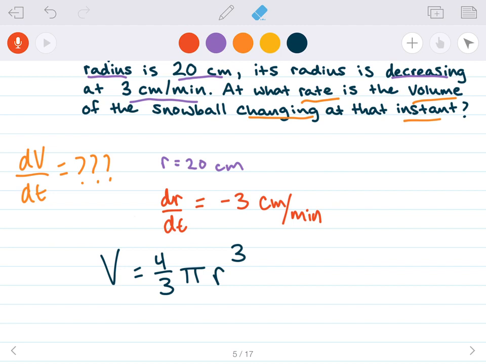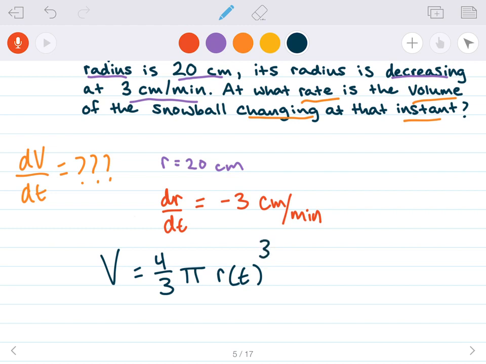So the radius is a function of time, okay? And so what we can do, and I'm just going to do it for this problem, all right? So the radius is changing with respect to time. So instead of r to the 3, I'm going to say this is r as a function of time to the 3rd power.